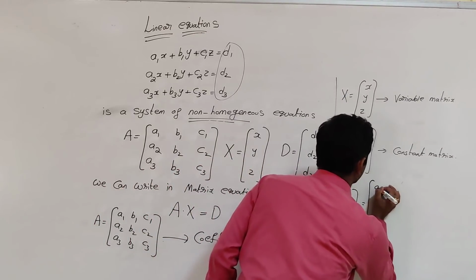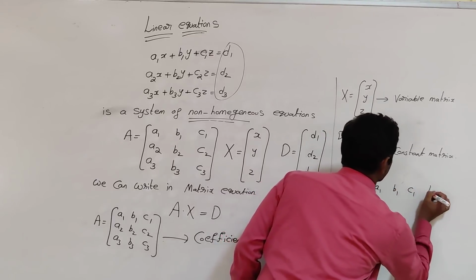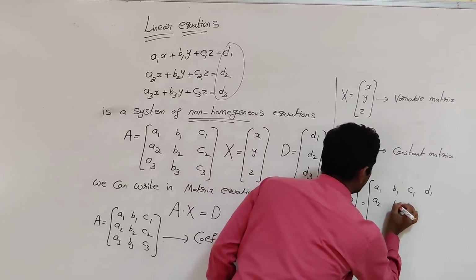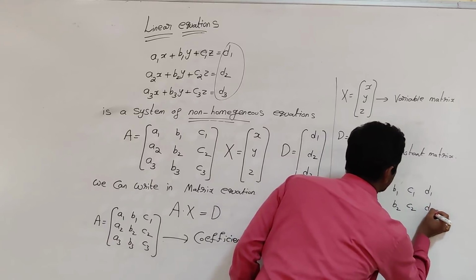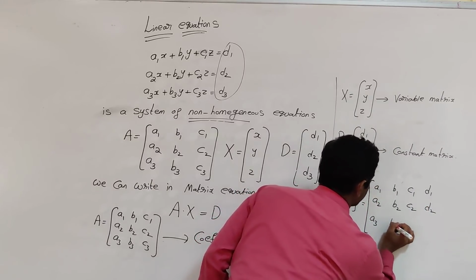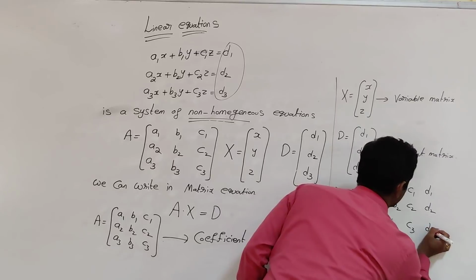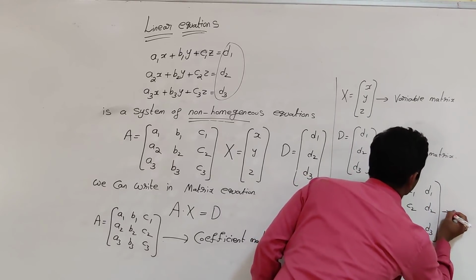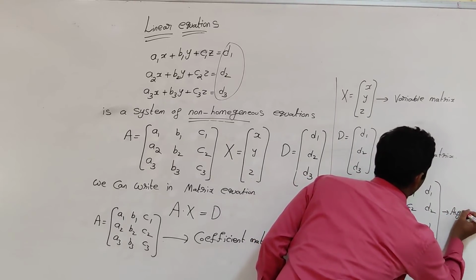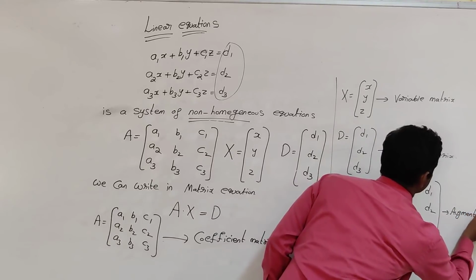So that is A1, B1, C1, D1, A2, B2, C2, D2, A3, B3, C3, D3, called the augmented matrix.